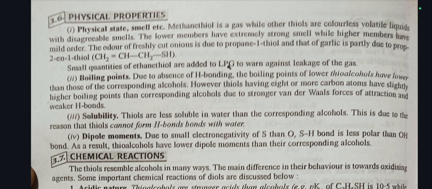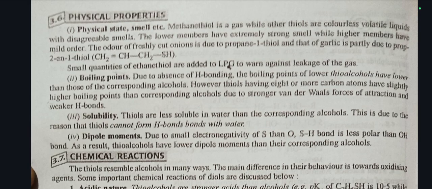The odor of freshly cut onion is due to propane-1-thiol, and that of garlic is partly due to prop-2-ene-1-thiol, CH2=CH-CH2-SH. Small quantities of ethane thiol are added to LPG to warn against leakage of gas.